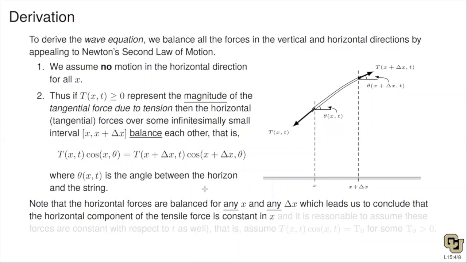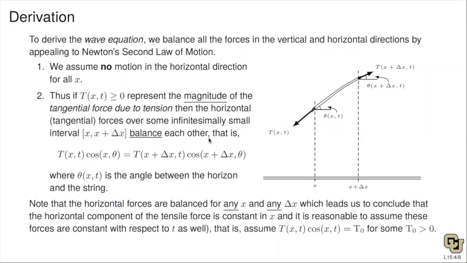Here it's the same idea: the horizontal forces are balanced independent of our choice of the x value, and the only way that's possible is if we have a constant horizontal force. So in the horizontal direction, the tensile force is this fixed T sub 0.